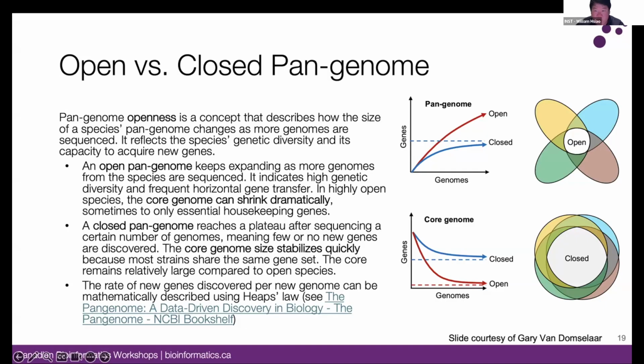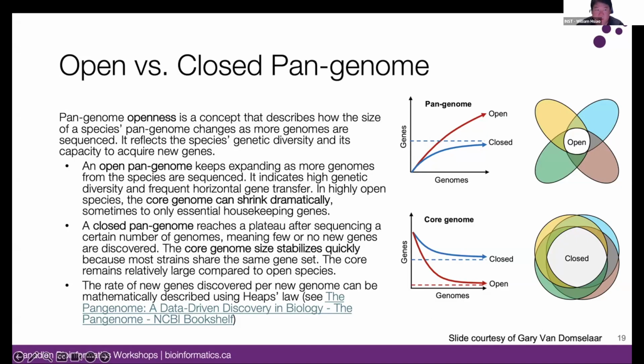Now, the rate of new gene discovery per new genome can be mathematically described using what's called Heaps' law. So it's a power law. And essentially, the details is actually discussed in the reference I mentioned earlier, and also again in here, for those of you interested.